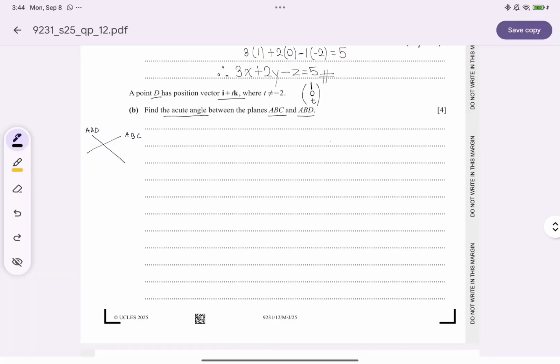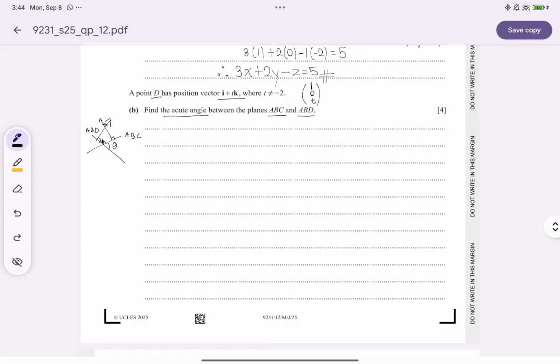This is the acute angle, theta. To find this, we have to find the normals of these two planes, and then find the angle between the normals.